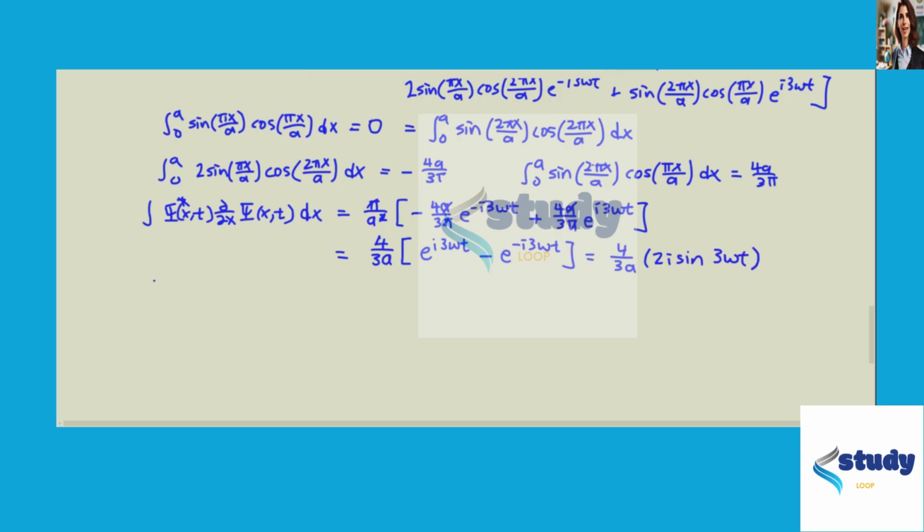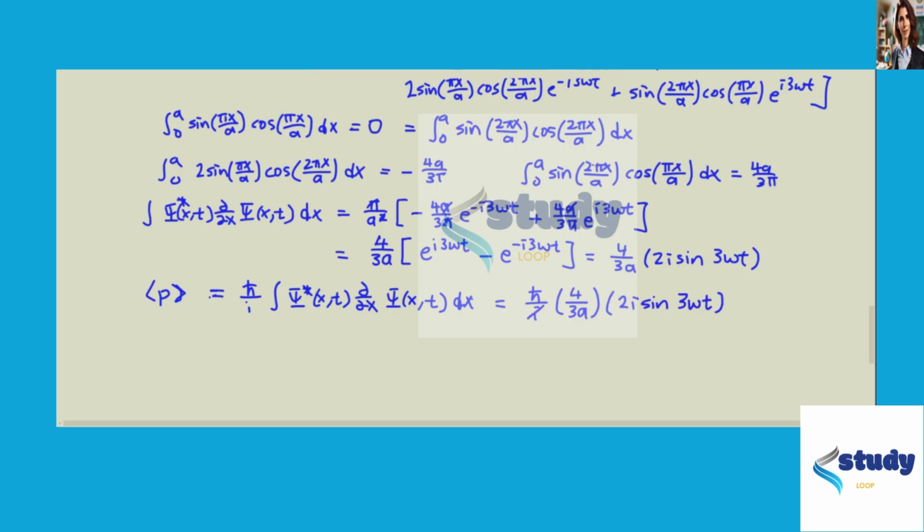And so the expectation value of p is equal to h bar over i times the integral of psi star x t d/dx psi x t dx. So this is equal to h bar over i times 4 over 3a times 2i sine 3 omega t.